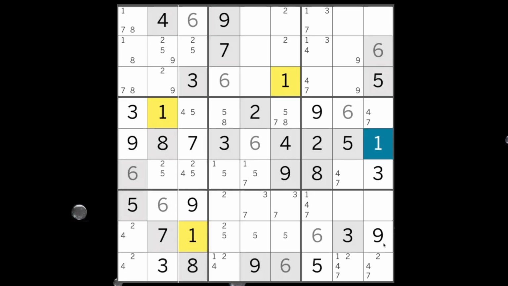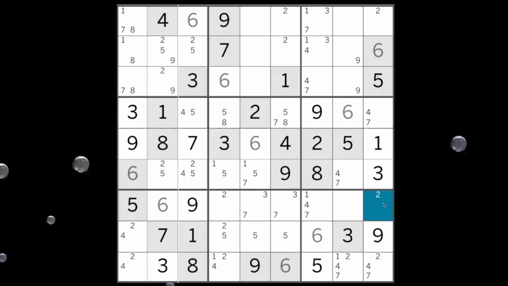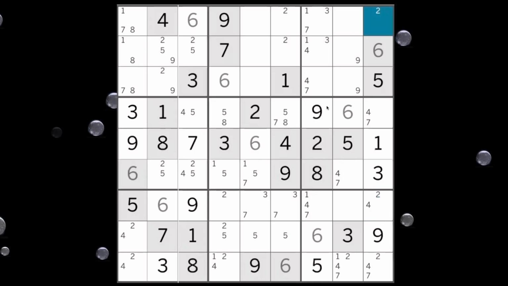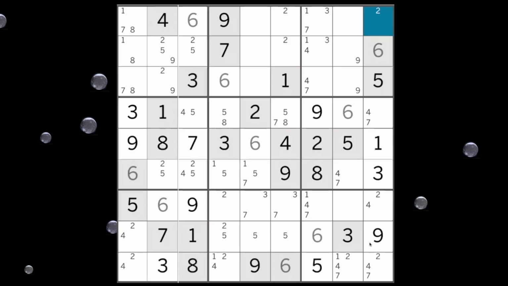Let's see if we can finish it out. So we need a 2. 4. That one can't be a 4. A 4 can be in the others.